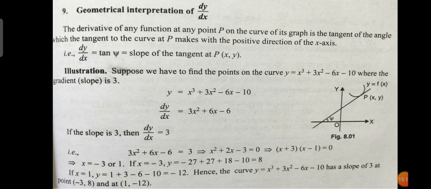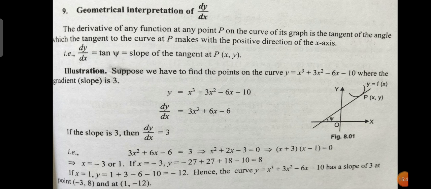Next is the geometrical interpretation of dy by dx. That is tan psi, which is the slope of the tangent at p of x y. Look at that figure. The XY axes have been given, y equals f of x has been drawn, and dy by dx is the slope.